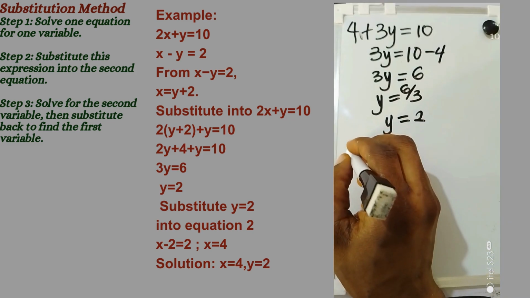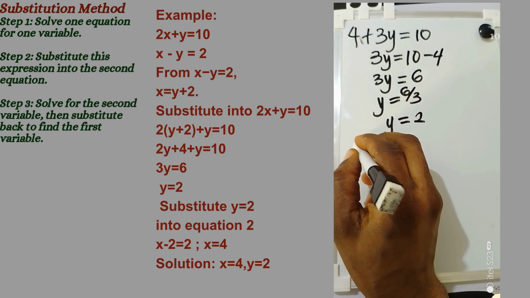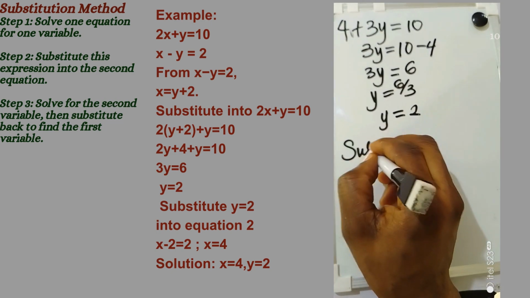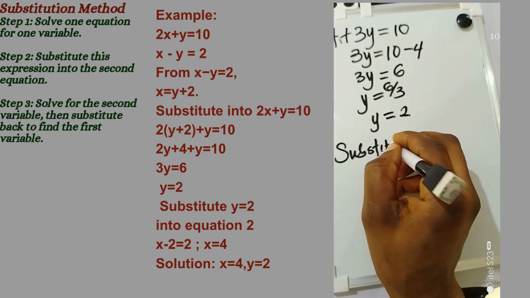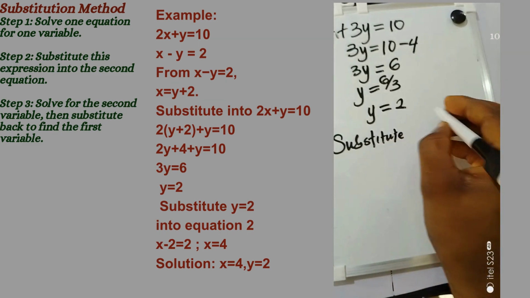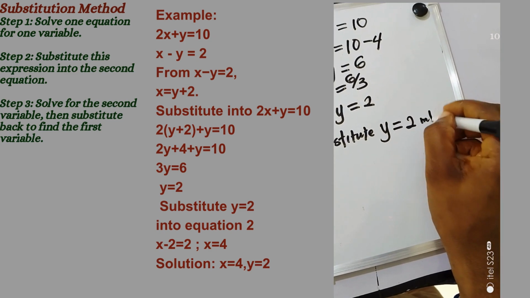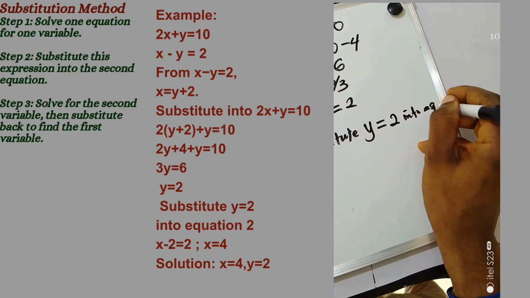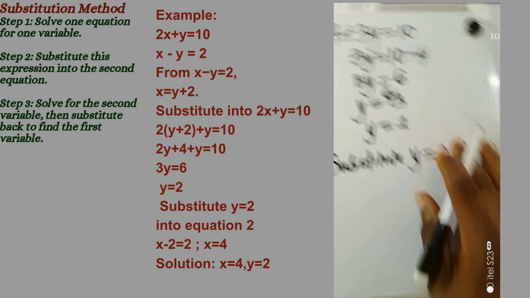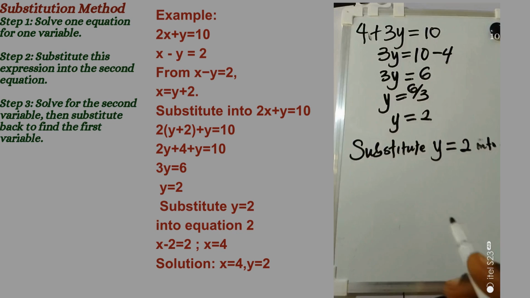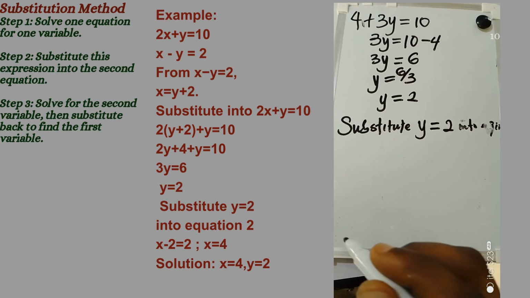So from here, I'm going to substitute y equals to 2 into equation 2. I'm going to substitute it into equation 2 so that I can have the value of my x.